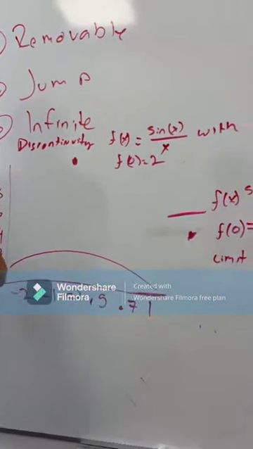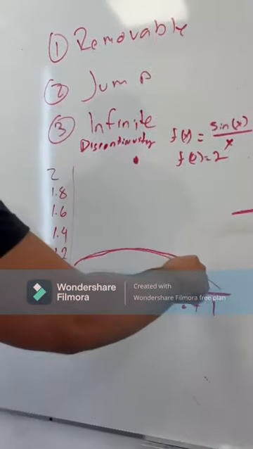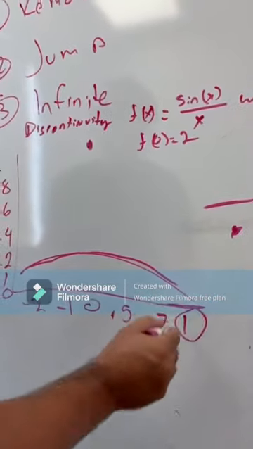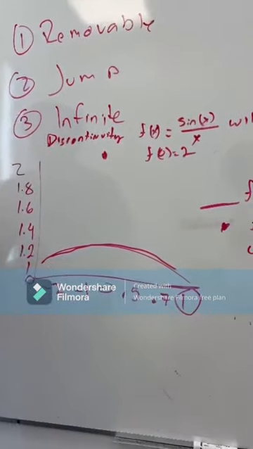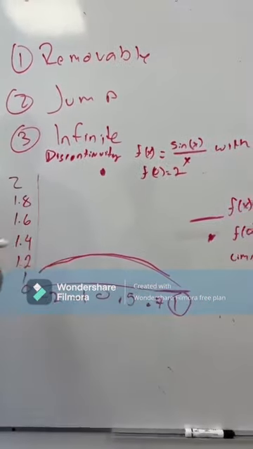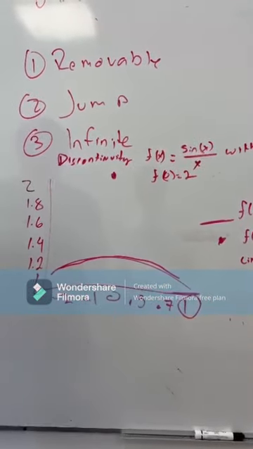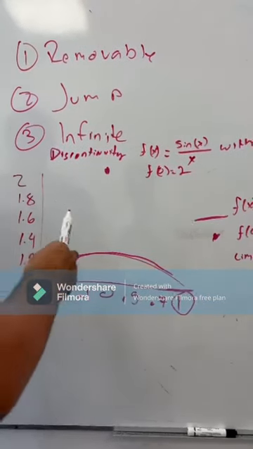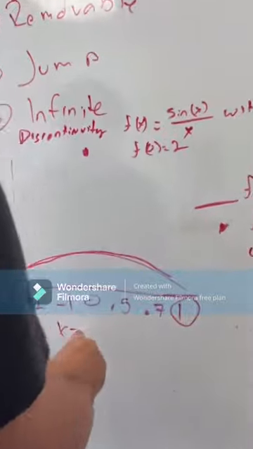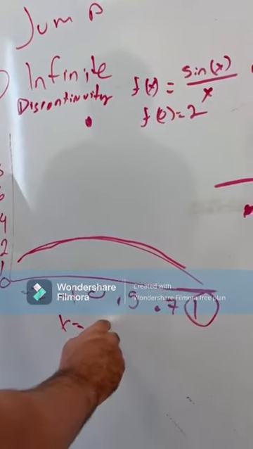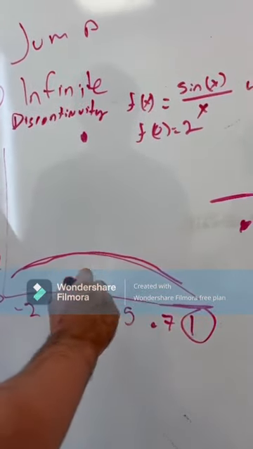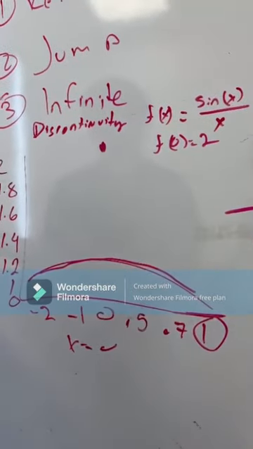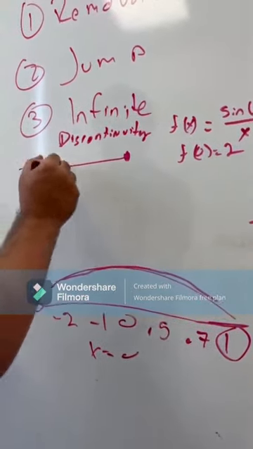So we can see that the curve is smooth and it approaches the value of 1 as we move toward 0 from the left and the right. But instead of being 1 at x equals 0, there's a red dot at 2, this one here.